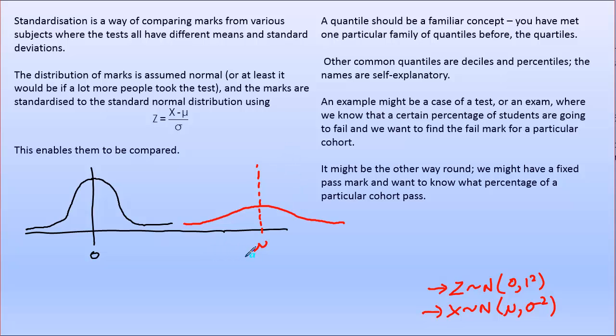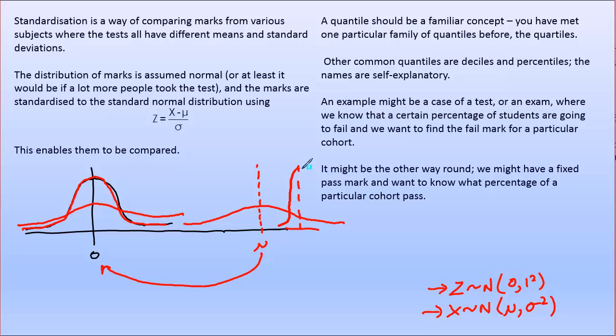So by subtracting mu, that's a shift of origin, we take this one and we move it down here. So that now we have something down here that looks like this. And then we divide by the standard deviation, which then makes it the same shape. So we can take a variety of different shapes out here.